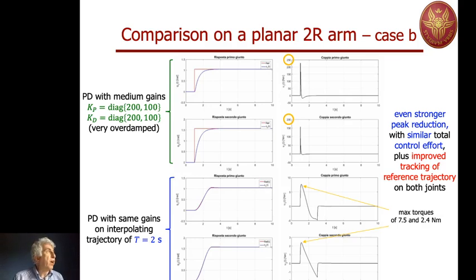In the case of constant QD assigned from the beginning, while we have more or less the same maximum value as before for the case in which we use an interpolating reference trajectory. With larger gains anyway, larger than before, so this medium value, we can see that the following of the trajectory is quite similar. Now pay attention, we are not imposing any restriction in this case to the maximum torque.